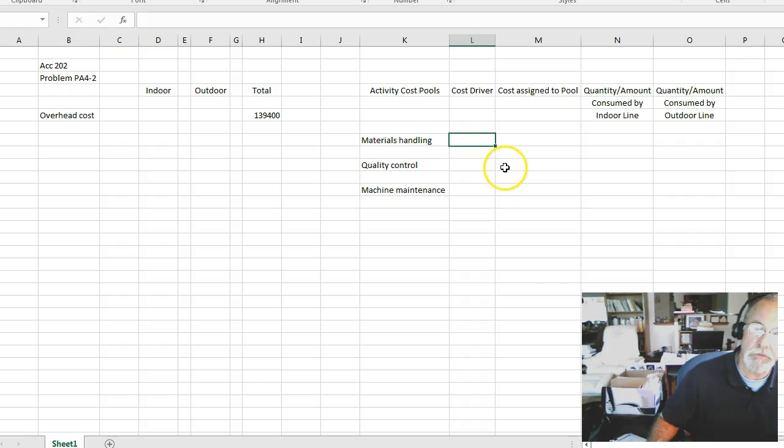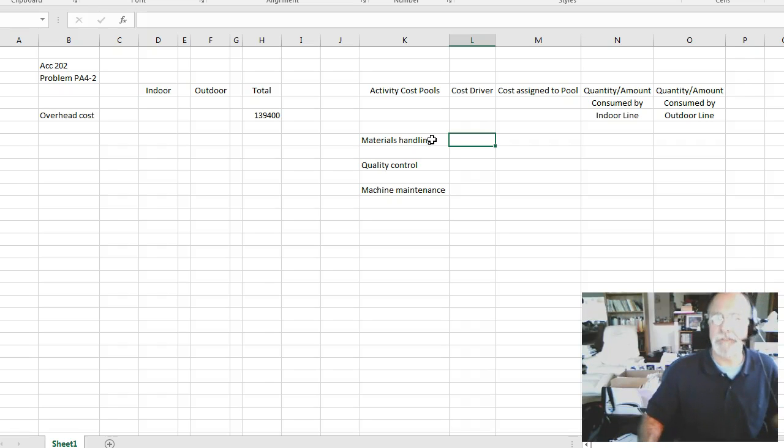We use what is called a cost driver, and that would be essentially the number of times that each of these activity cost pool categories are used, or the number of times the activity is performed.